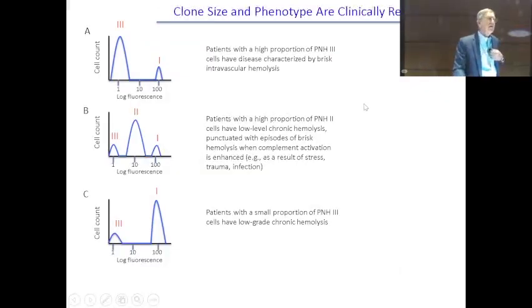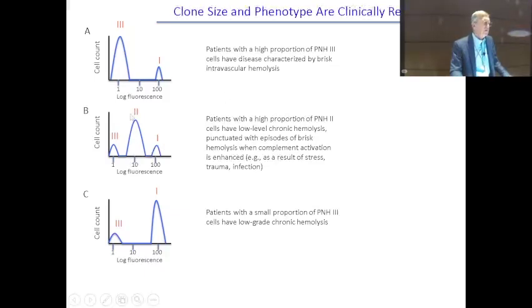And these phenotypes are important clinically. I've illustrated this with these mock histograms showing the type 3 cells. If they're present in a high number, then these patients will have brisk hemolysis.